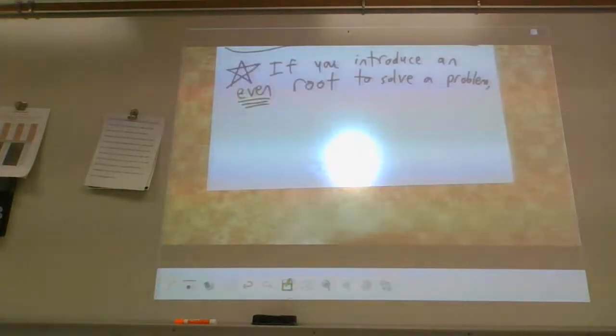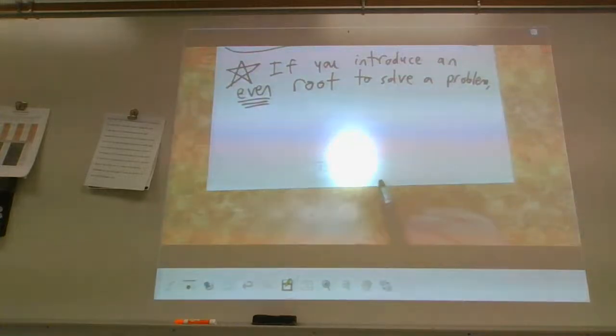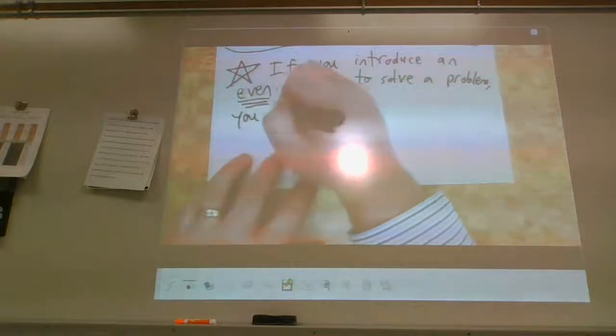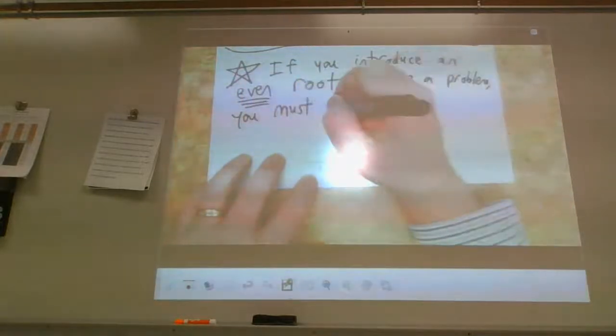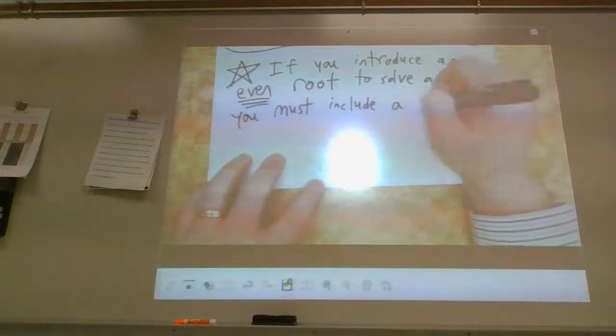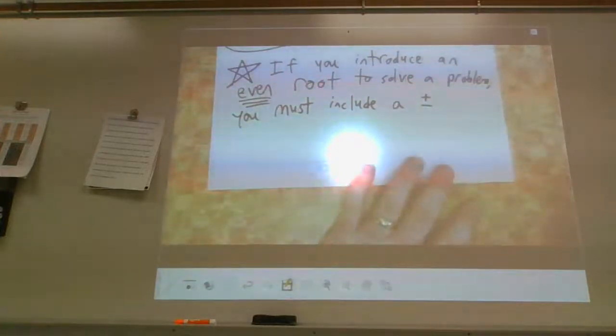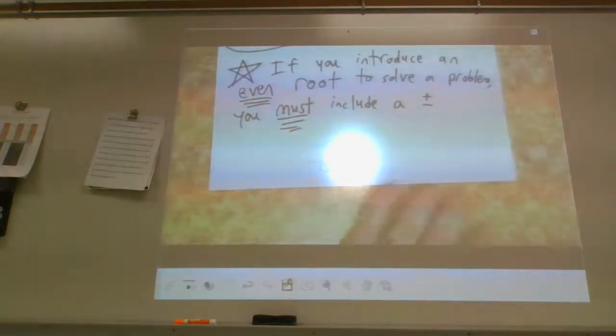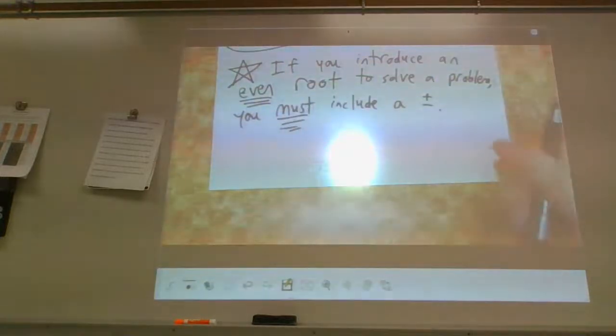If you introduce an even root to solve a problem, you must include a plus or minus. You must include a plus or minus.